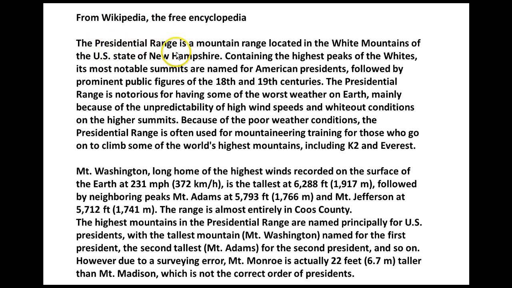So, the presidential range, and I'll let you read this to yourself here. Mountain range, United States, peaks named for American presidents, public figures, the 1700s, 1800s, notorious for having some of the worst weather.